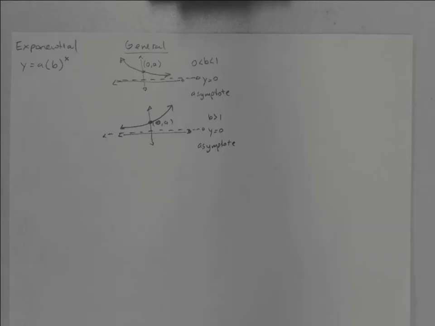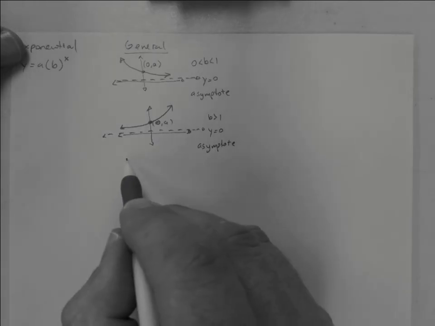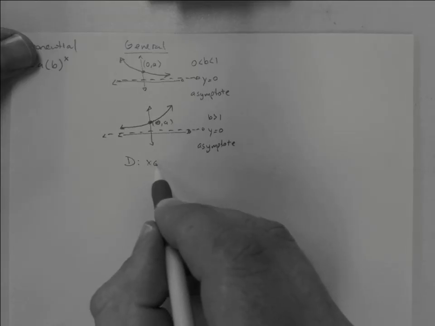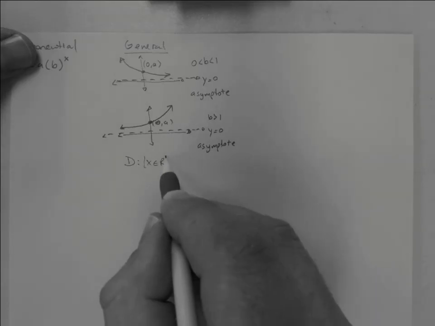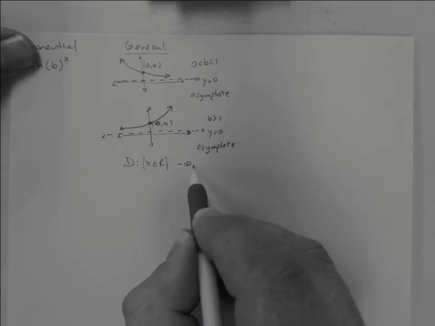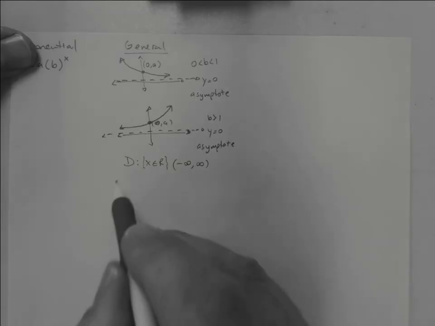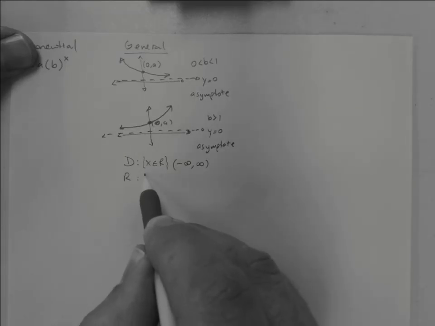Because the domain and range is the same for either one, I will just do that here. Domain is all real numbers, negative infinity to positive infinity, right? The range is different.